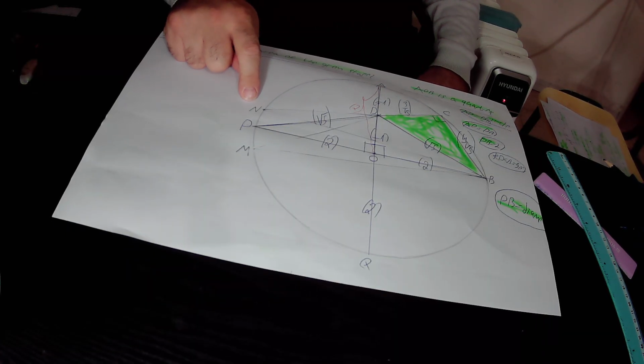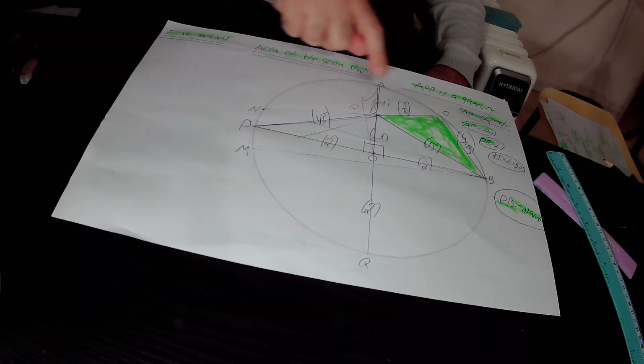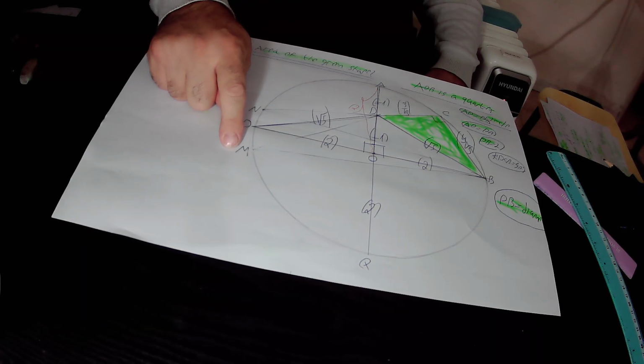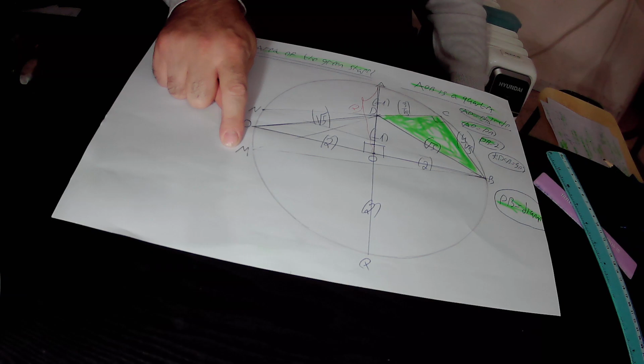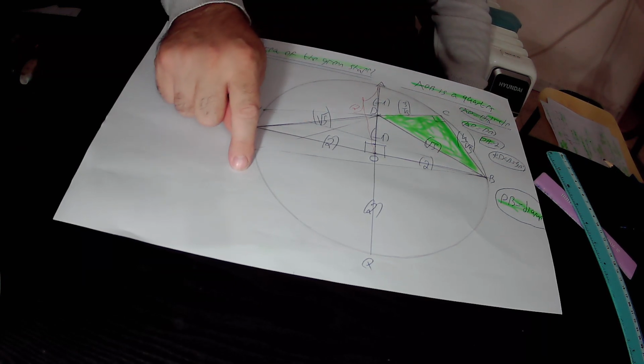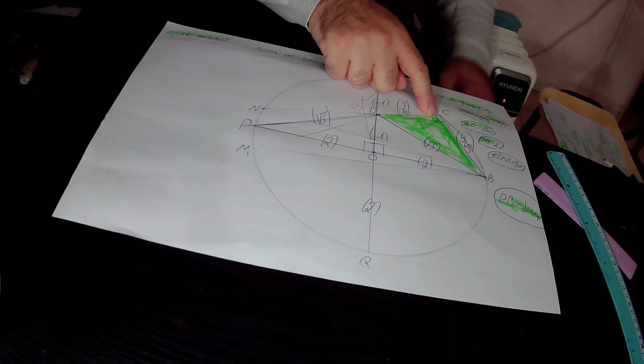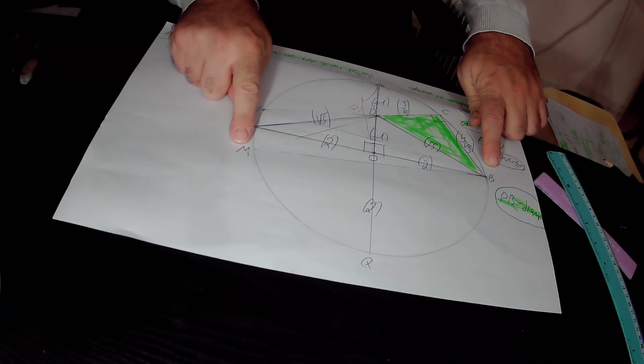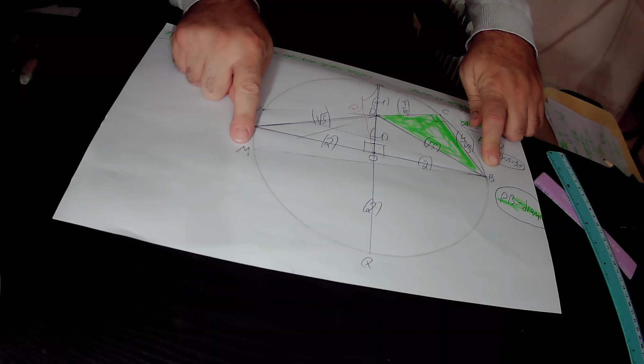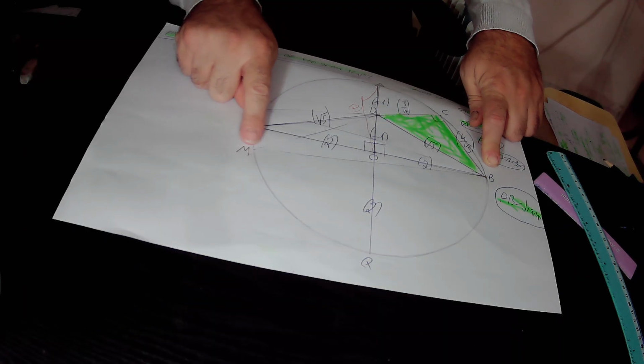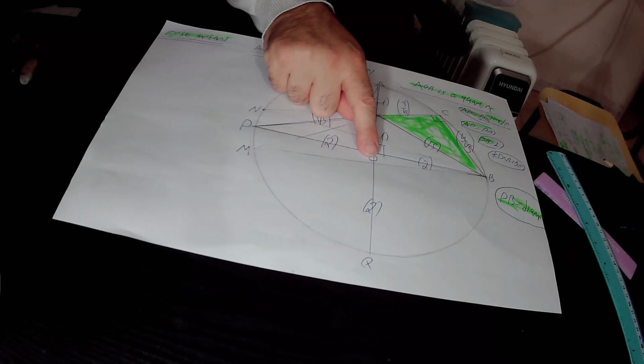Then we assume that the extended side CD will touch the circle at this point, point M. Then we will have angle BCM equal to 90 degrees, subtending chord BM. Chord BM is definitely not the diameter of the circle because it doesn't pass through point O, that is the center of the circle.